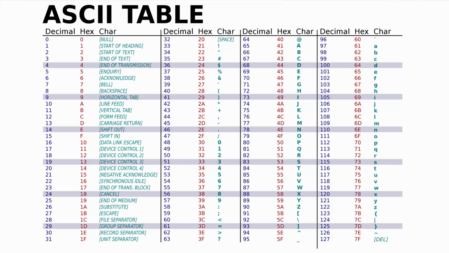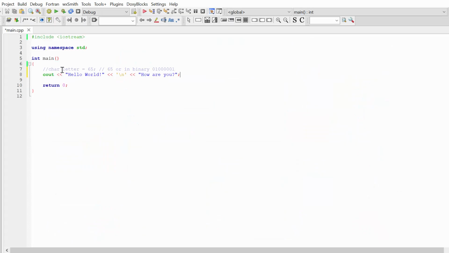In code, I can assign them, of course, using the corresponding number, as I showed you with the letter A, or alternatively, I can use a special sequence to represent these non-printable characters. I will comment out our letter for now, and let's say I want to write to the console the next sequence: the string hello world, now this special character \n, and another string how are you.